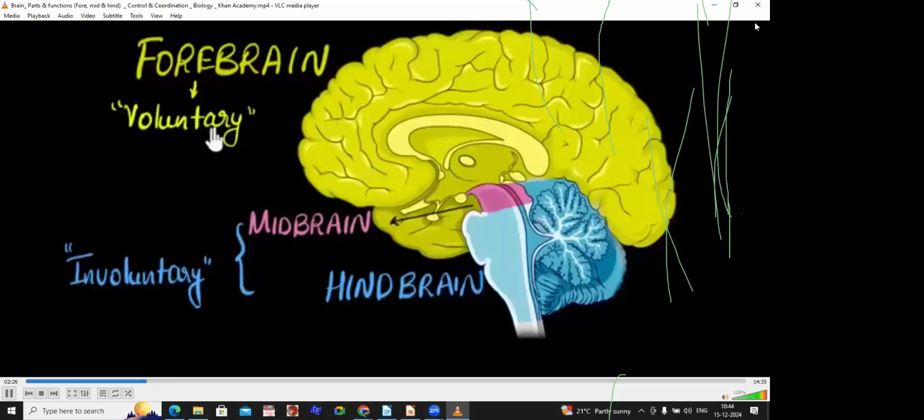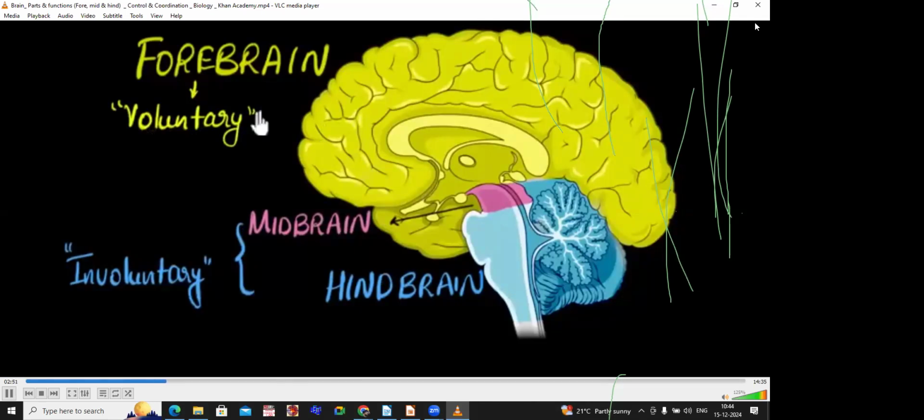We'll talk more details about that in a second. And when I say involuntary functions, there are some functions happening in your body which you're not in control of. For example, your heart beating, or your digestion. You're not in control of those, right? Those are mostly taken care of by your midbrain and the hindbrain.